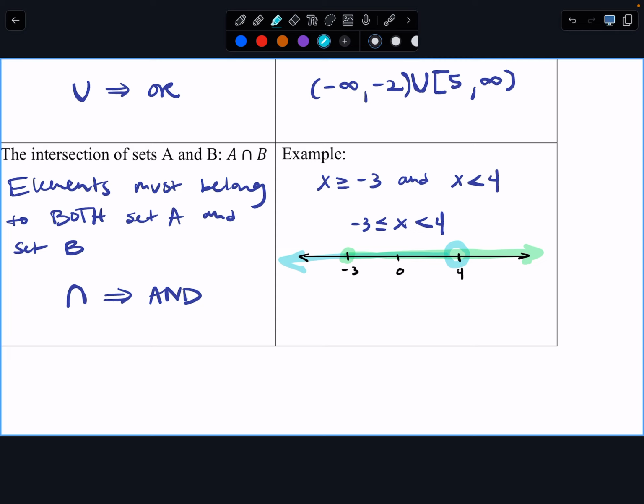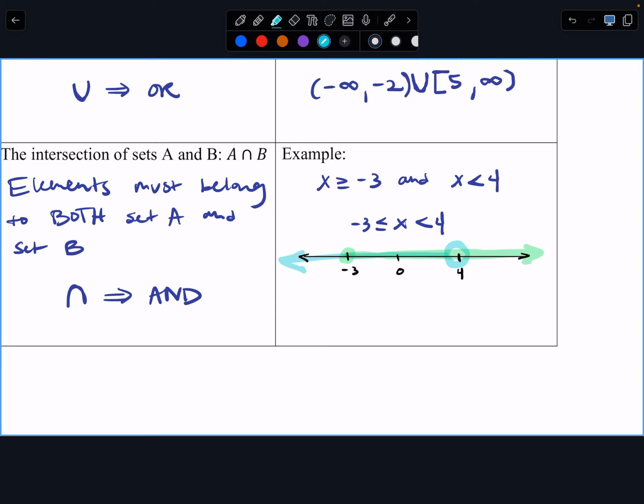So when we're thinking about where the intersection would be, it ends up being from -3, including -3, up to 4, not including 4, which is how you can also think about getting from here to here.